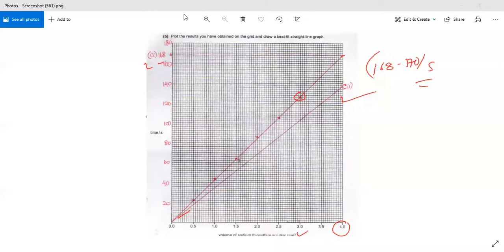In a shorter time period, the reaction can be carried out. So the graph you are supposed to expect if the experiment is done at a higher temperature is going to be the right graph. Okay, fine. So let me move on to the next questions.